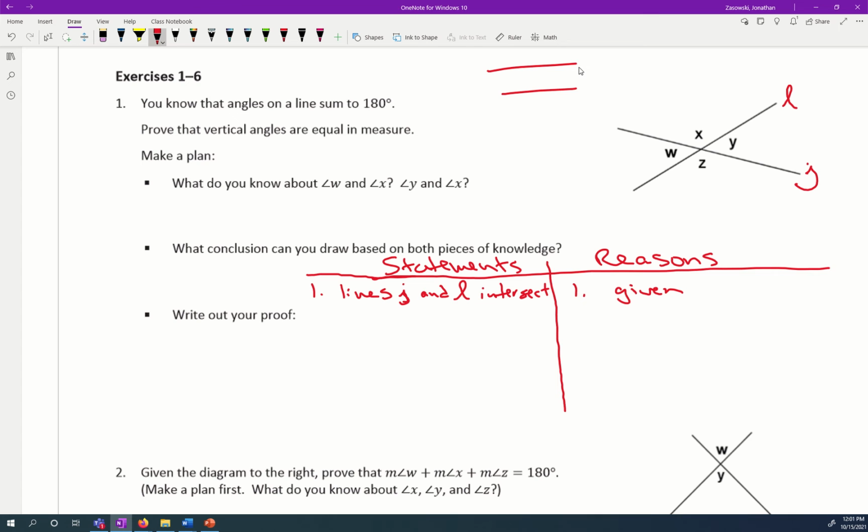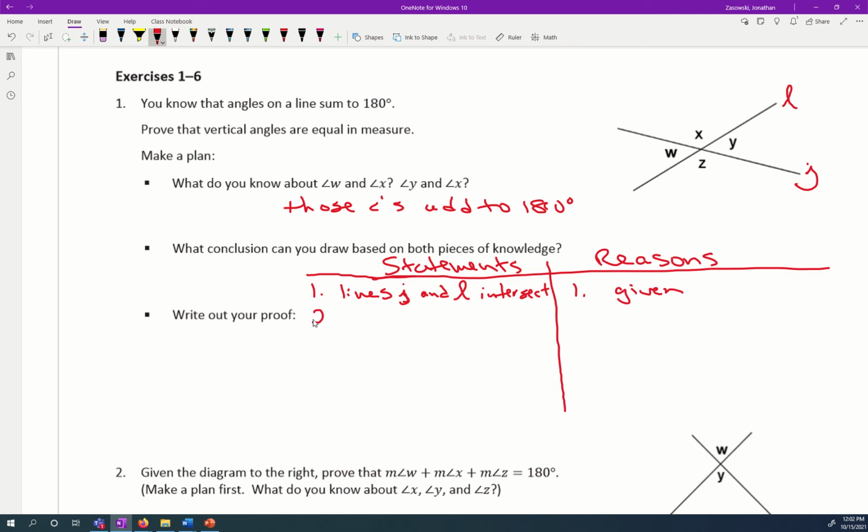But that's it, they just add to 180, right? Is the same thing true about Y and X? Okay, so we're going to put down that those angles add to 180 degrees. Make sense?